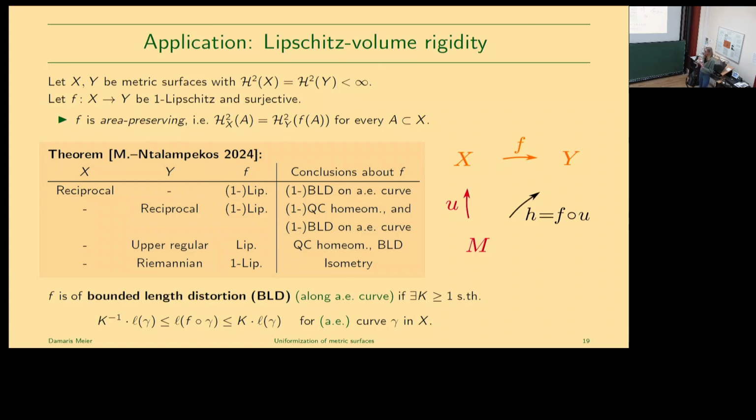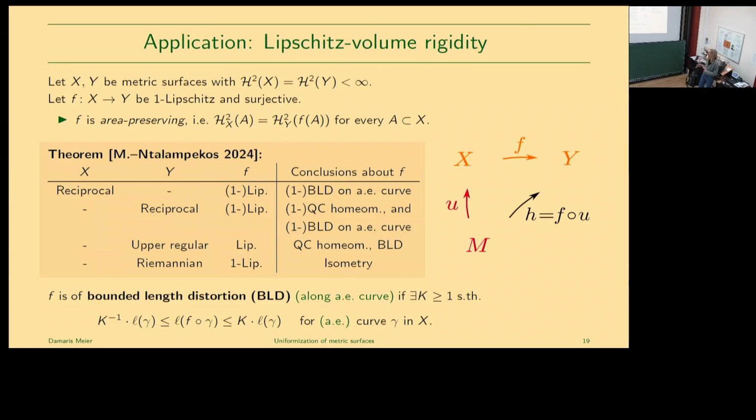Then if we assume that our metric surface X is reciprocal, so we can parameterize it with a quasiconformal map, then we can show that the map is of bounded length distortion, meaning that the length of a curve is distorted by a multiplicative factor for almost every curve, that is, up to a family of curves of modulus 0. Now it's a question whether this reciprocality is really needed.